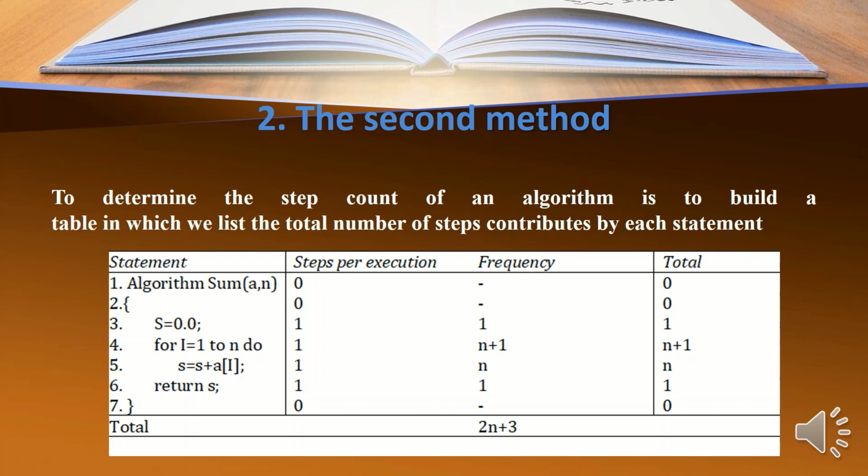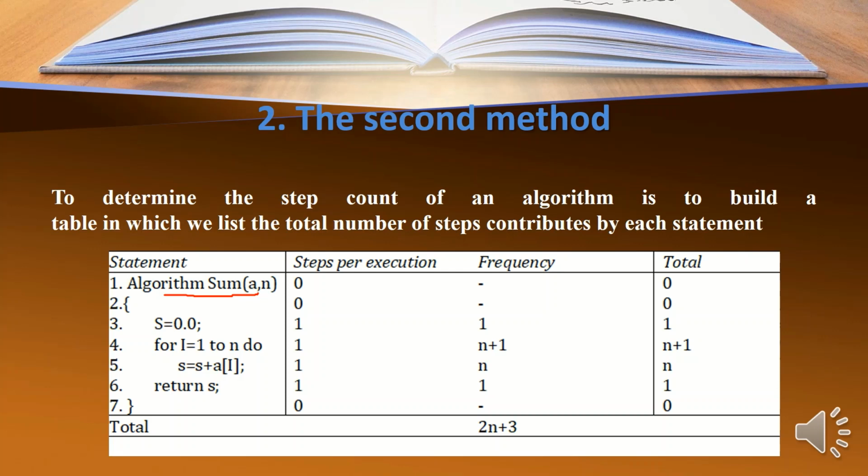First of all, let's read the first line. Always remember, the heading we are going to consider as 0. The steps per execution for the heading is 0. Then the number of times this particular line gets executed is nil. Then finally the total number of times this executes is 0. Next, again the open bracket is 0, frequency is 0, so total is 0.